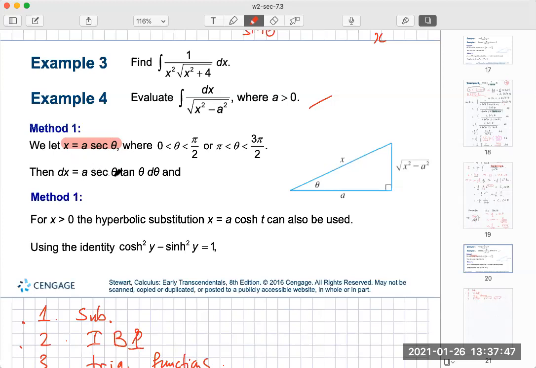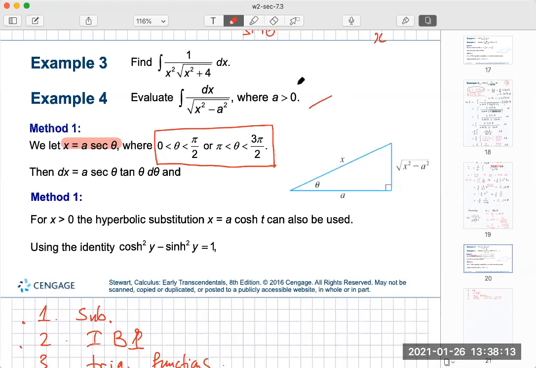And remember, in order to take the inverse function, it should be a one-to-one function. So remember, by convention, the one-to-one domain of secant would be the angle theta from the first quadrant and the third quadrant. Okay, remember that.